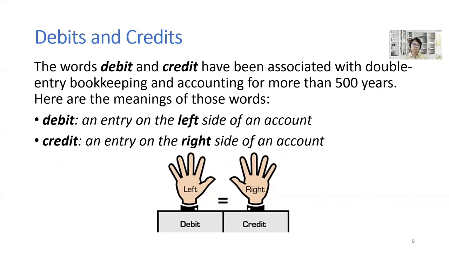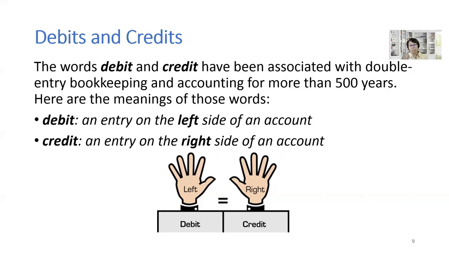It doesn't mean go down. It only means left because a debit will always be on the left side. Now, sometimes debit will mean go up and sometimes debit will mean go down, but it doesn't always mean the same thing. But you can always rely on that debit means left.